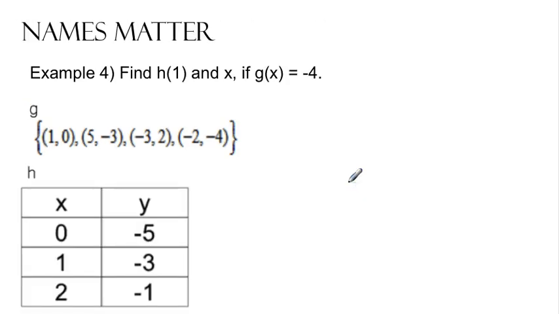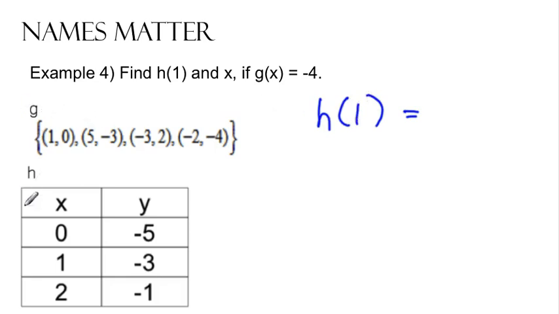Now it's not just ordered pairs we can do this with. We can do it with a table. And since we now have names, I can talk about multiple functions going at once and work from there. So for example 4, I'm supposed to find h of 1. So I'm given a domain value of 1, but look, I have two functions.